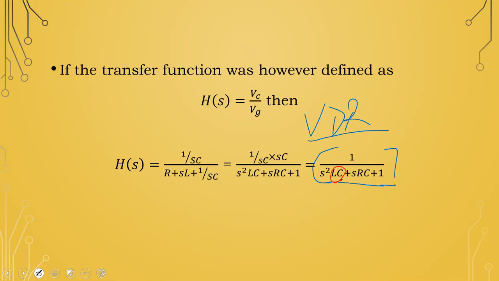If I divide throughout by LC, then this is my transfer function. So H of S is equal to 1 over LC, over S squared plus S times R over L, sorry, R over L, plus 1 over LC.